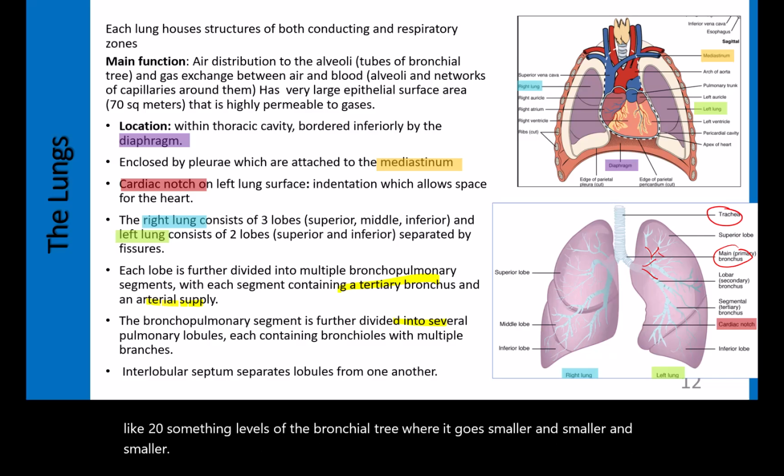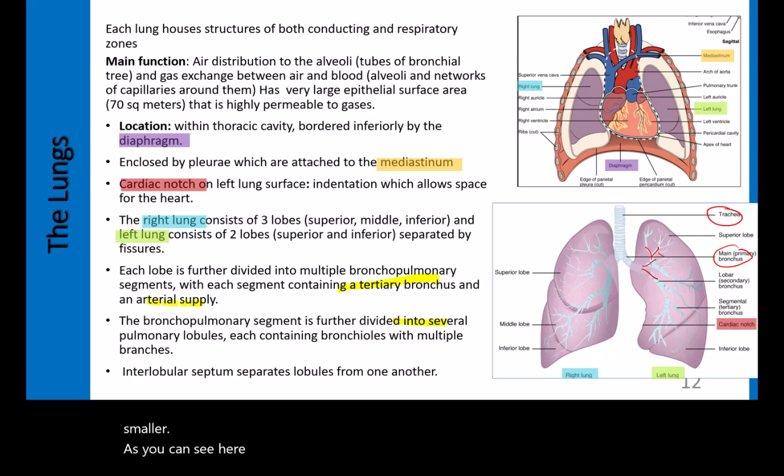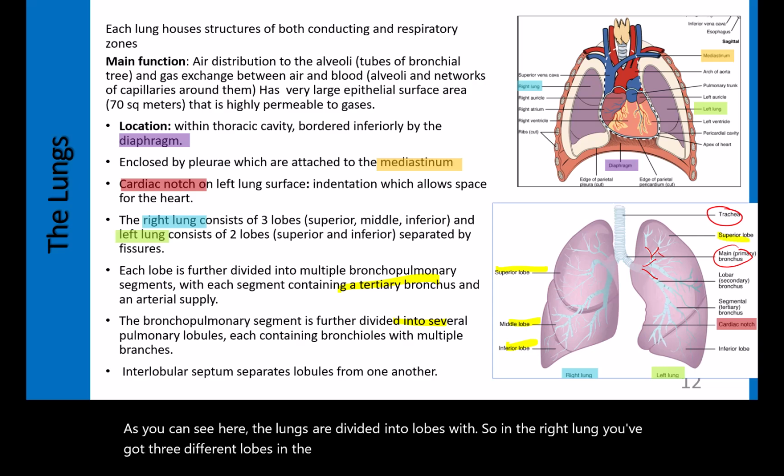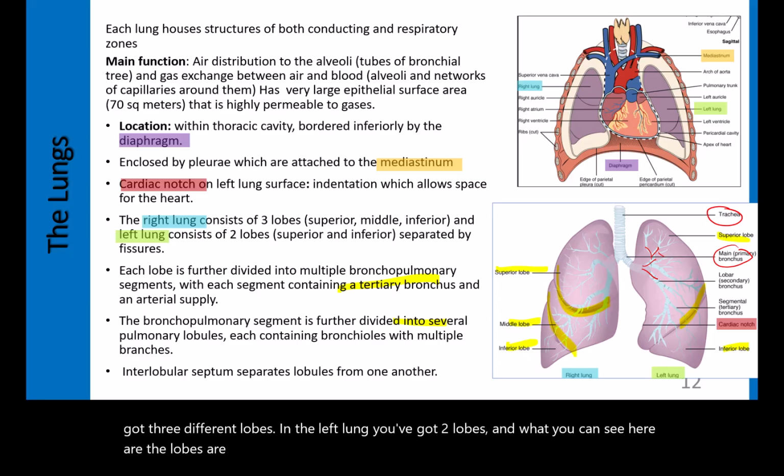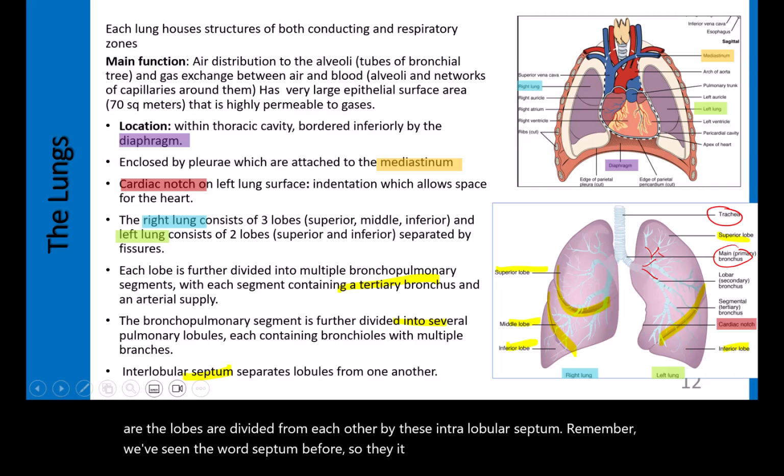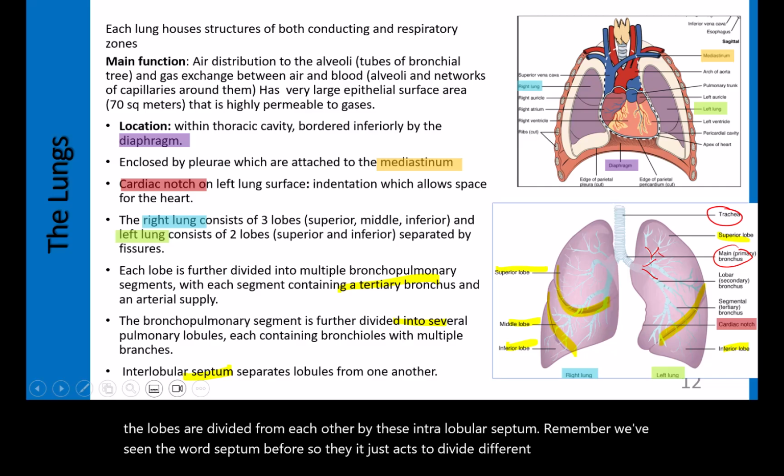As you can see here, the lungs are divided into lobes. In the right lung you've got 3 different lobes, in the left lung you've got 2 lobes, and what you can see here is the lobes are divided from each other by these interlobular septa. Remember, we've seen the word septum before, so it just acts to divide different parts of an organ.